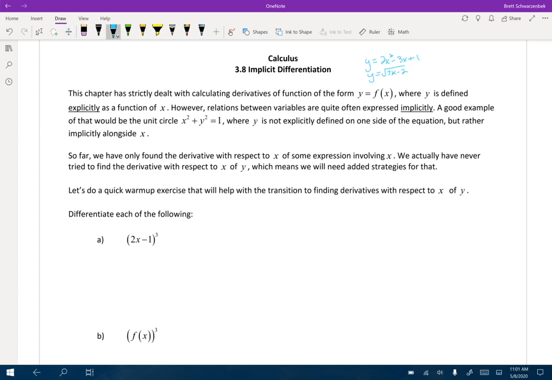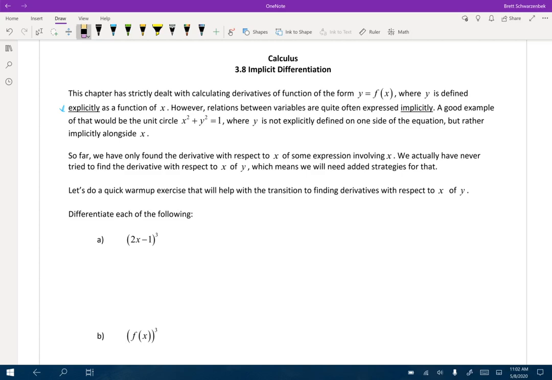So y on one side and a bunch of x's on the other. We say formally that y is defined explicitly as a function of x. The word explicitly basically refers to y by itself on one side and the function on the other side, with variables of x or some other variable.